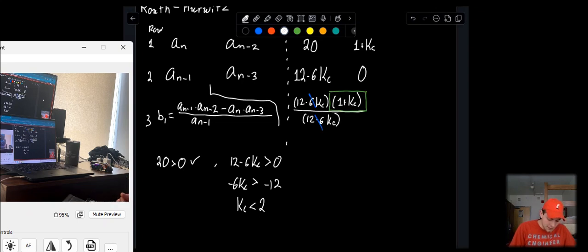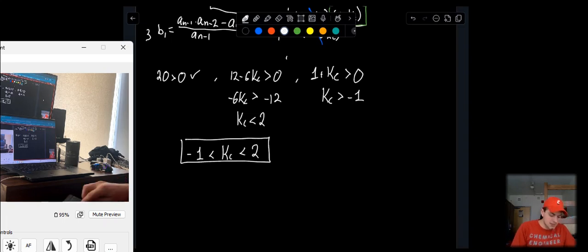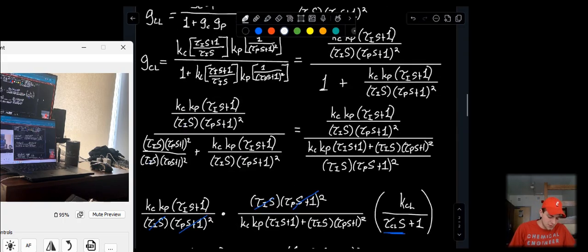And then for our final condition here, we have 1 plus kc must be greater than 0, or kc must be greater than negative 1. Thus, we've bounded our kc by 2 of these conditions, knowing that it must be less than 2 and greater than negative 1.